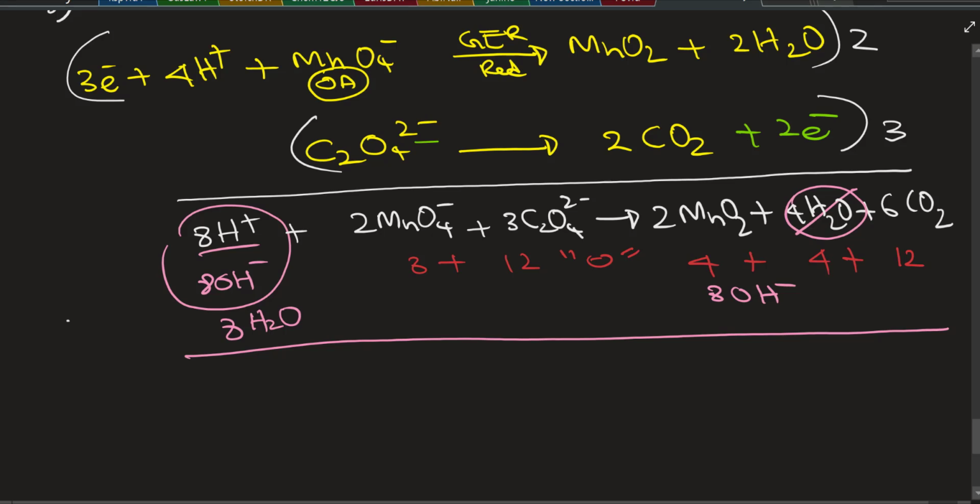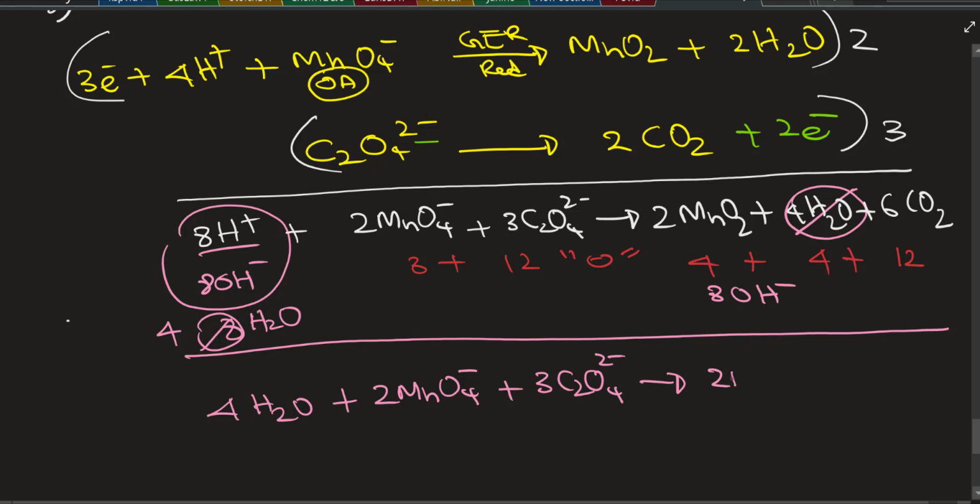Now 4 water on your right cancels with the 8, and then you are left with 4 water on your left. 4 water, 2 MnO4 minus, and 3 C2O4 2 minus, and goes into 2 MnO2 and 6 CO2 and 8 hydroxides.